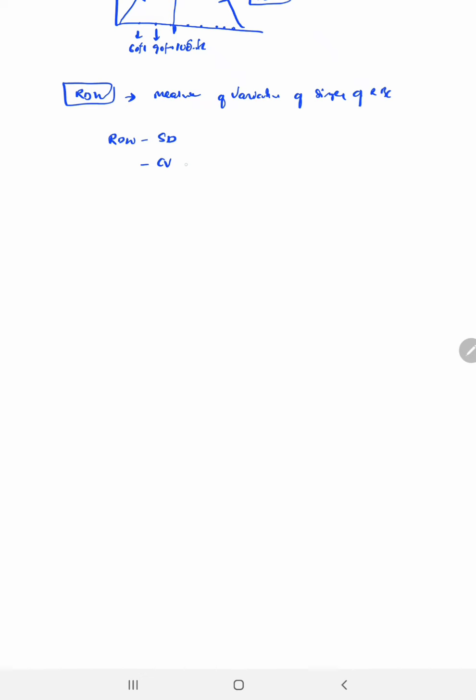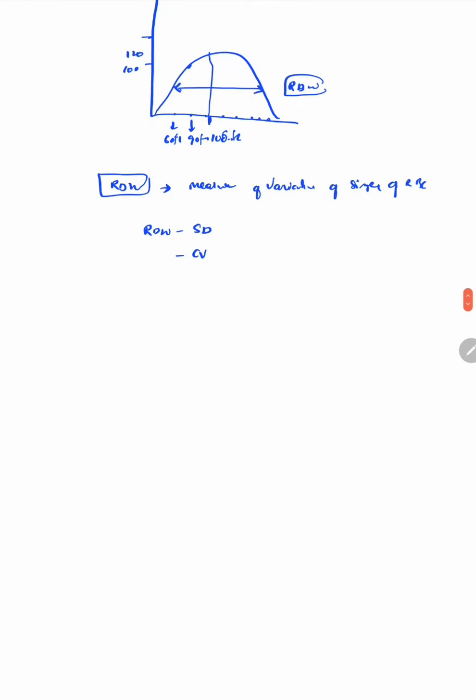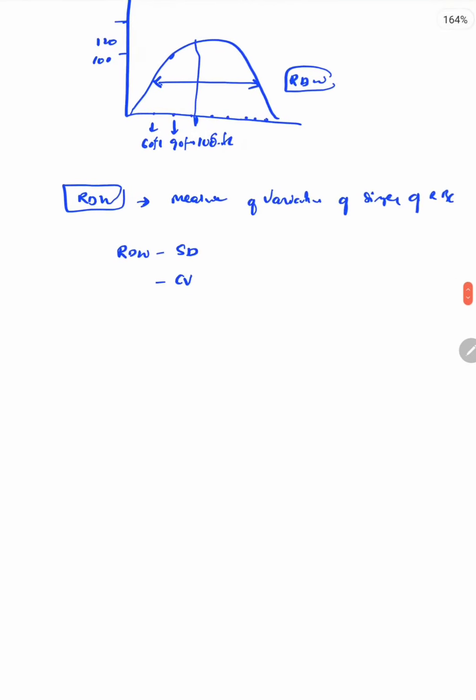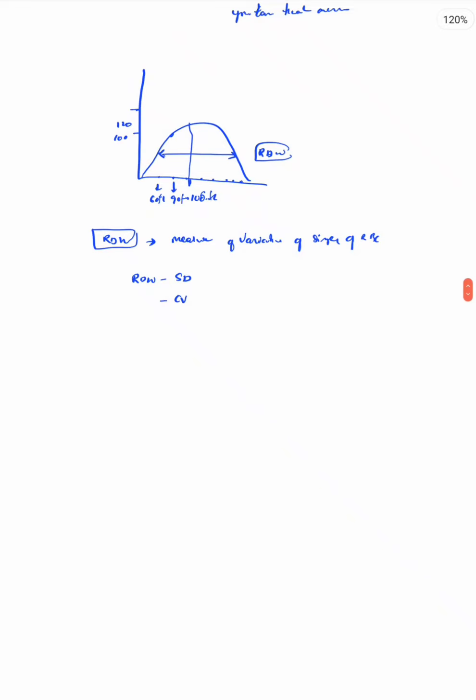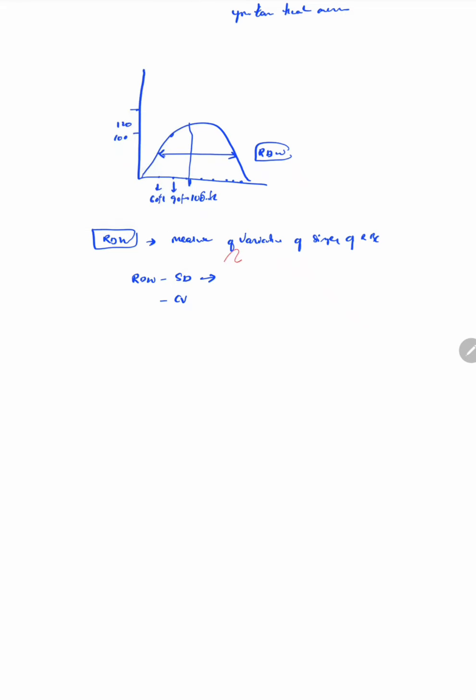RDW standard deviation, the normal value is 45 to 60.